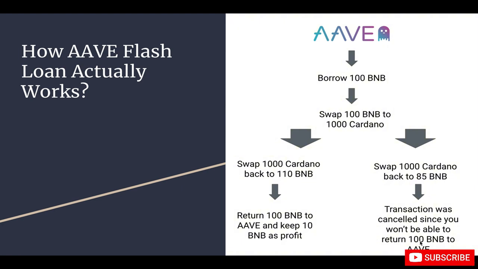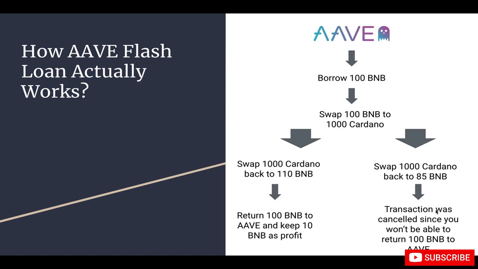And remember, one of the requirements for the transaction to be successful is that you need to be able to return the initial investment. If Aave gave you 100 BNB, then you need to be able to return 100 BNB back to Aave.